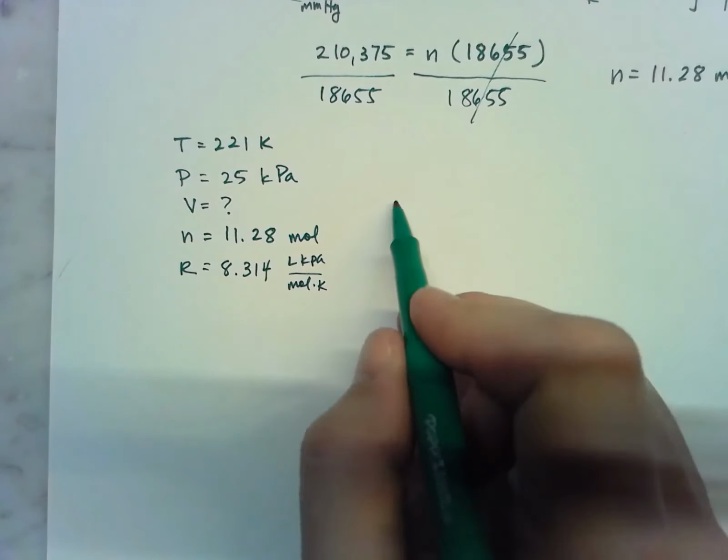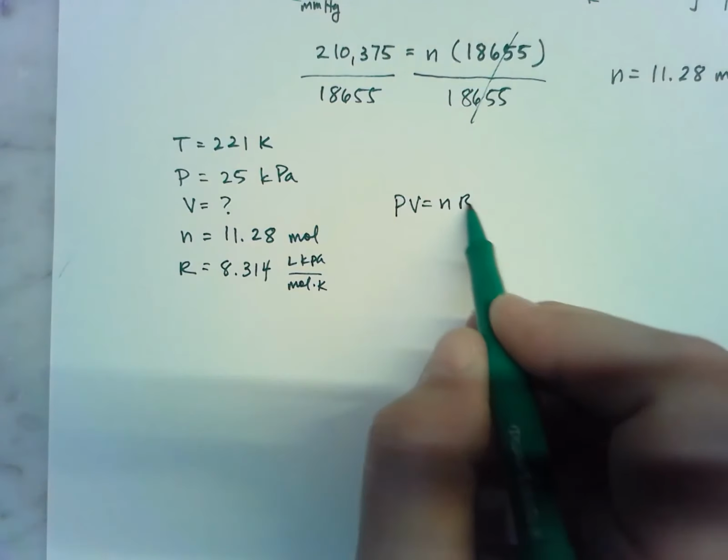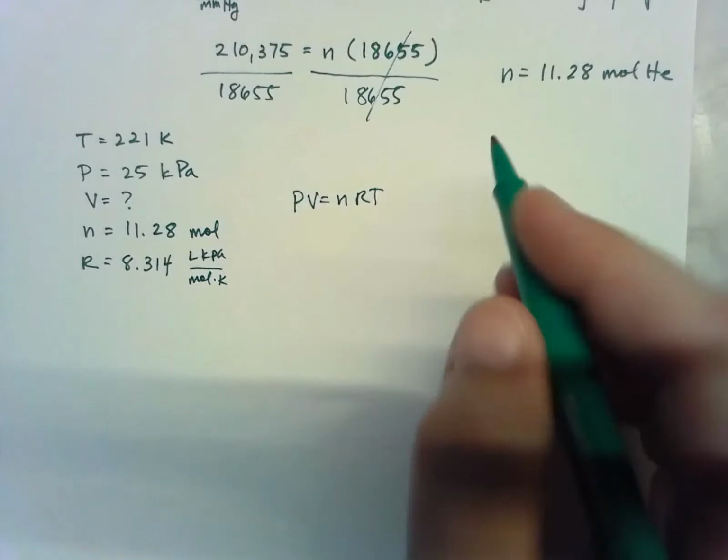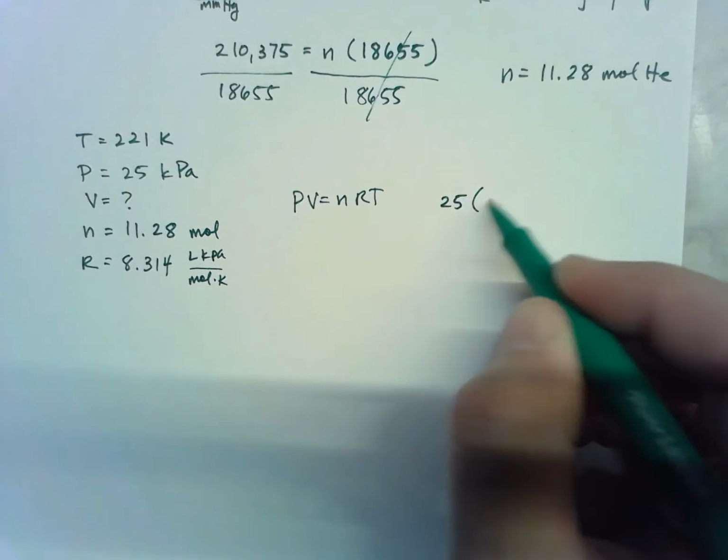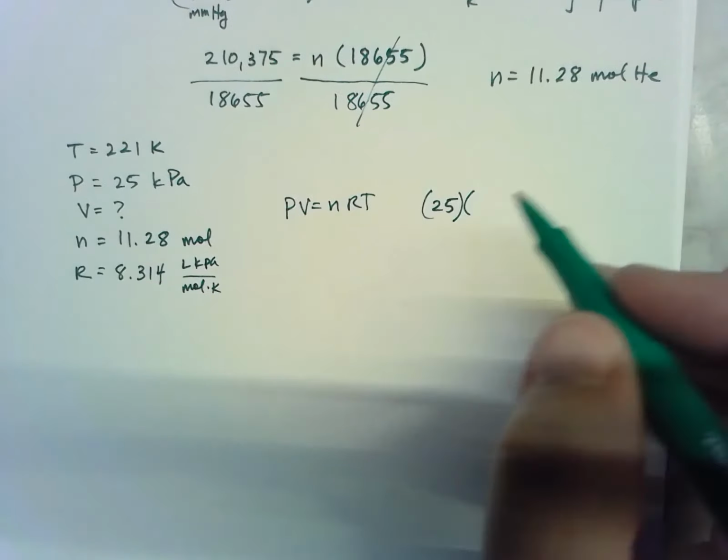All right, back to PV equals nRT. You guys are already so sick of that, I know. 25, you just got to make sure all your units match all through here.